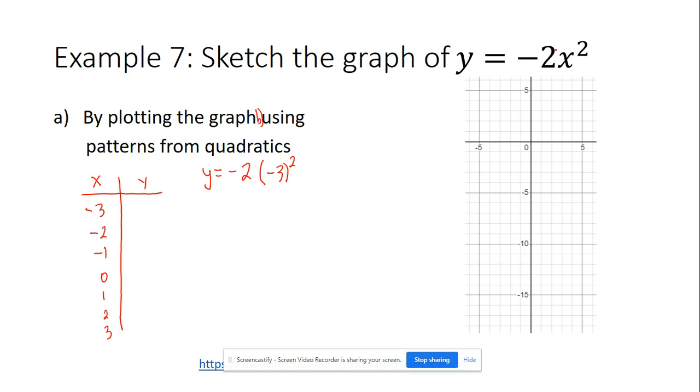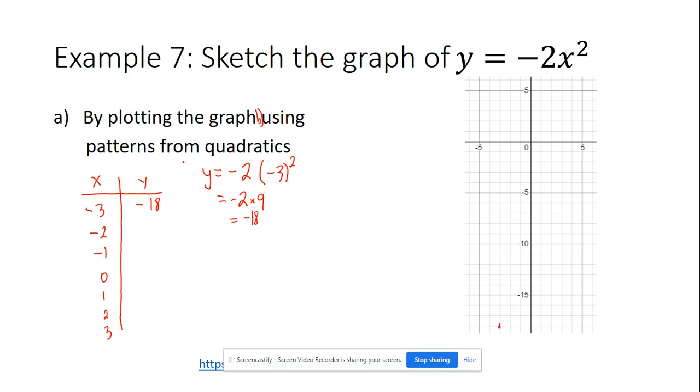This follows our BEDMAS rules, our order of operations, that I hope you guys remember from junior high. So we apply the exponent to the x, but not to this part over here. In this case, it's -2 times 9, which is -18. So we have (-3, -18) way down here.